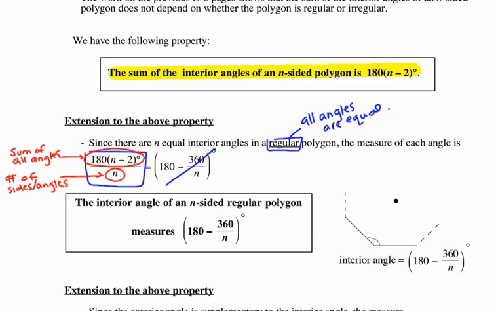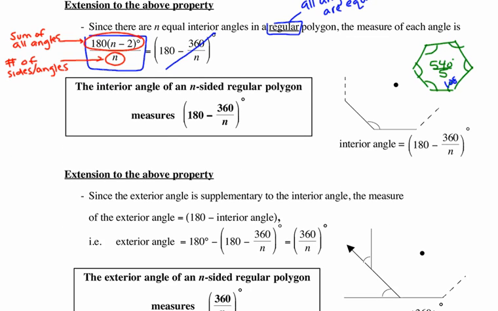So if I know that in a regular pentagon there's 540 degrees, then I just divide it by 5 to find out how much each one is, 108, each interior. So if you know the total sum, divided by the number of sides, we have each angle. Only if it's regular, only if all angles are equal.